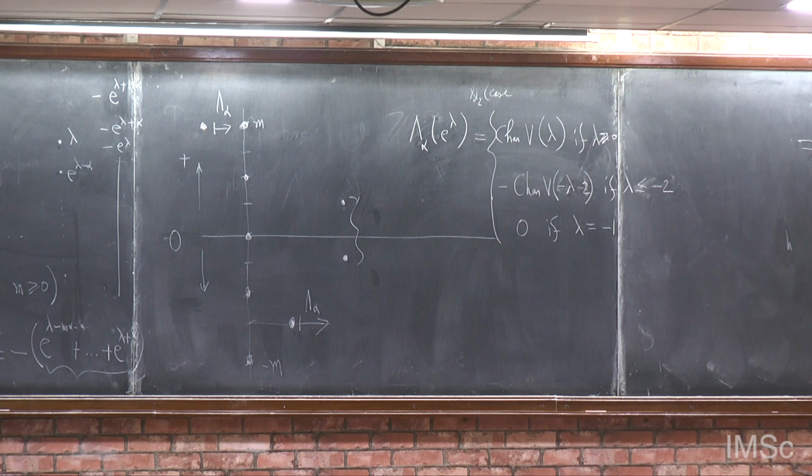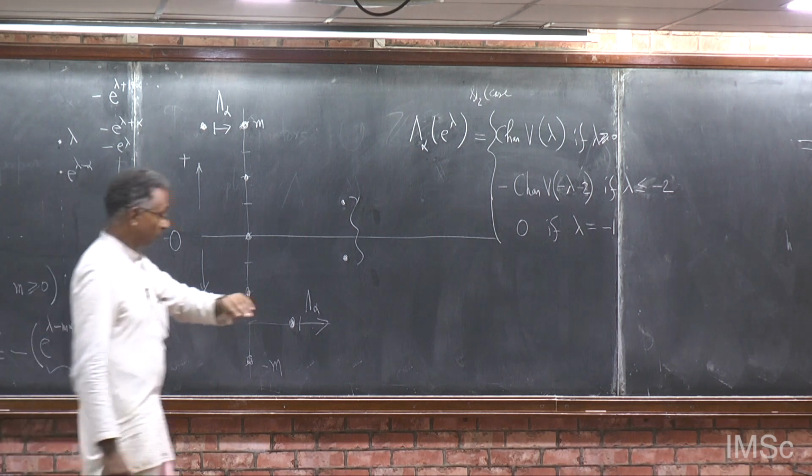When lambda equals -1, that is m equals -1, this becomes lambda plus alpha minus alpha, which is just e to the lambda. So this is 0.